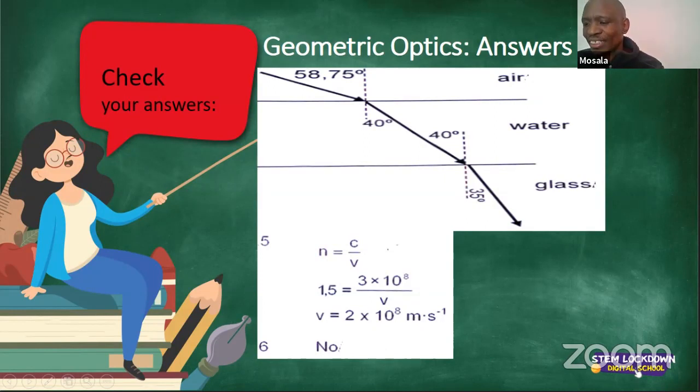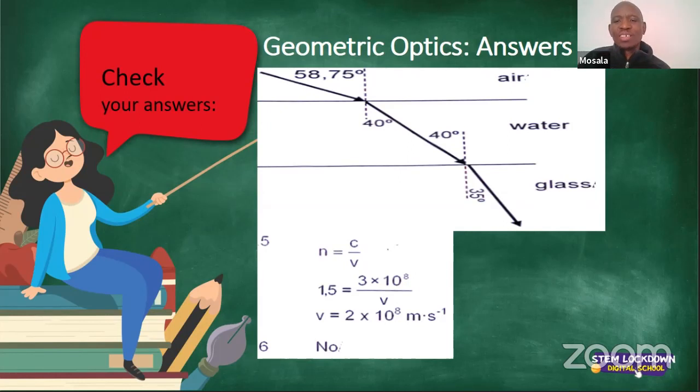Now the question is, is it possible that total internal reflection of a light ray can occur in the above situation? Your answer should be yes or no. So the answer is that it should be no, right?